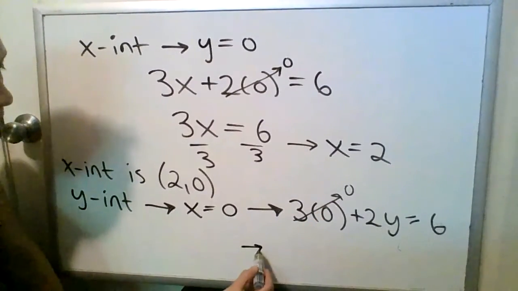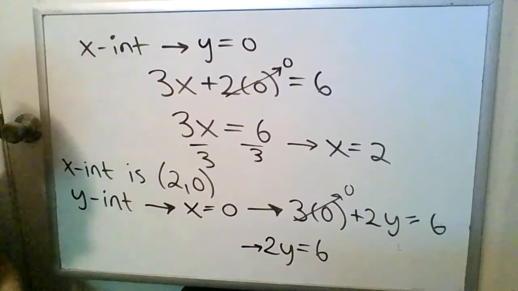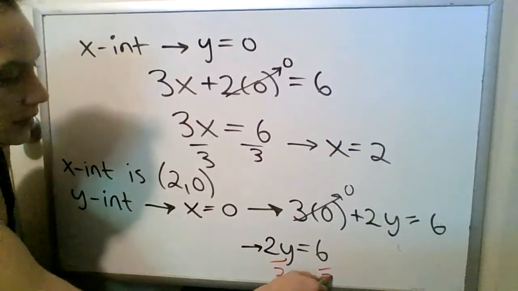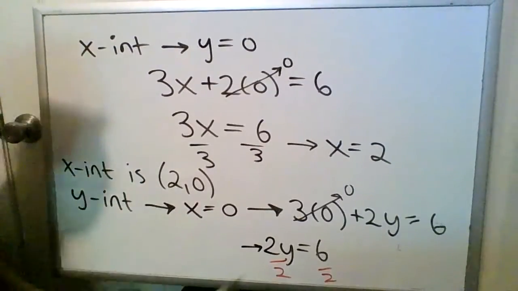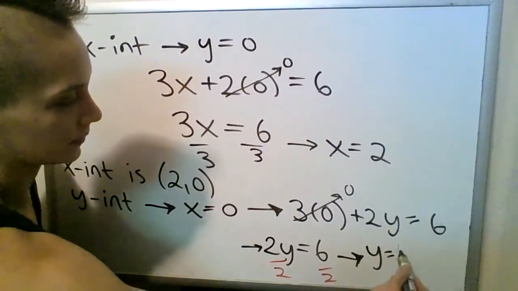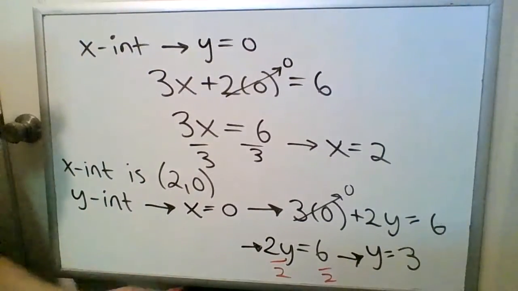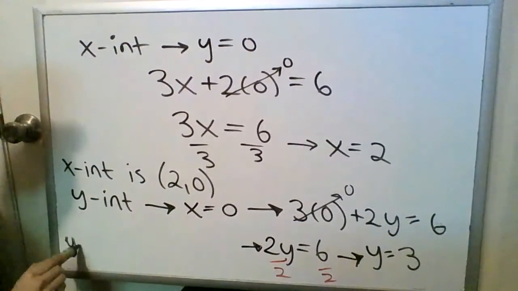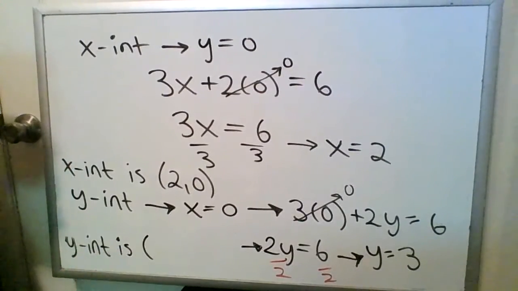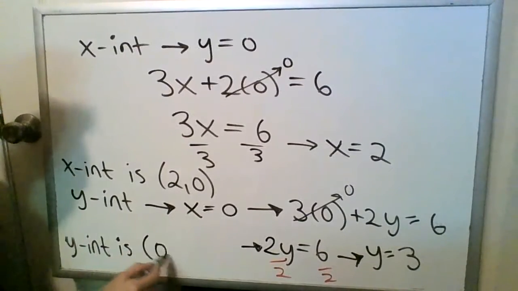So if you have 2y equal to 6, you can divide each side by 2 and get y equals 3. Y-intercept is x is 0, y is 3. (0, 3).